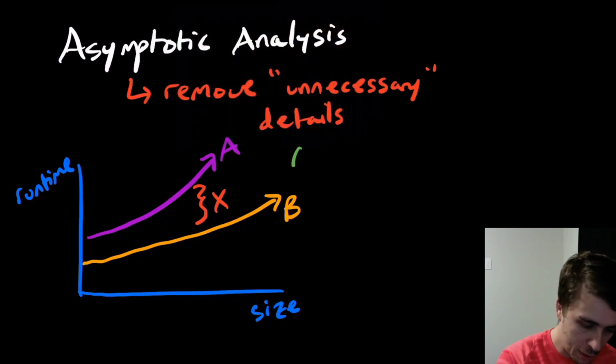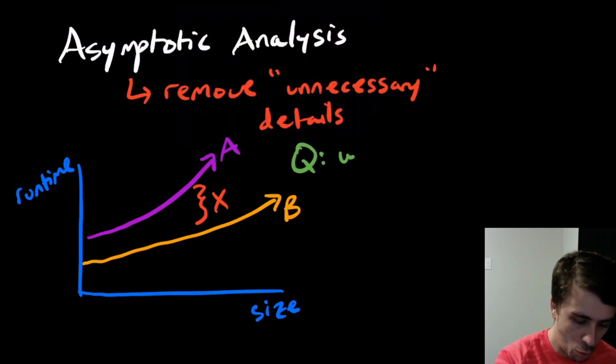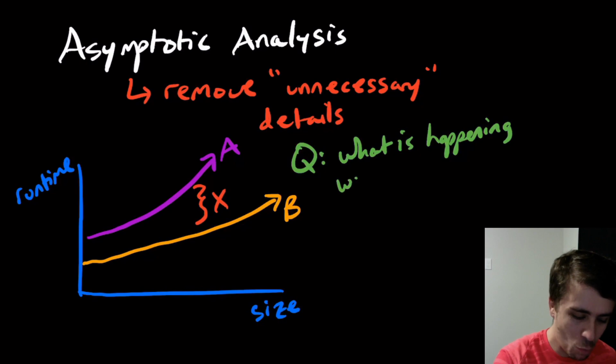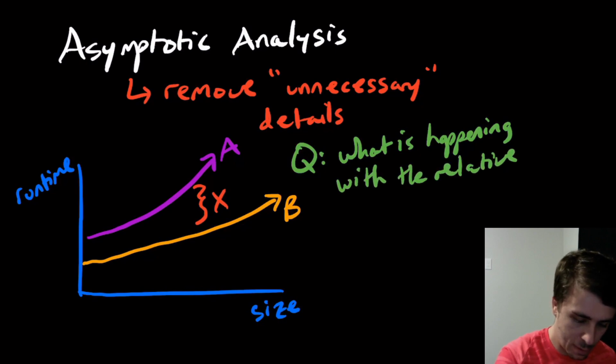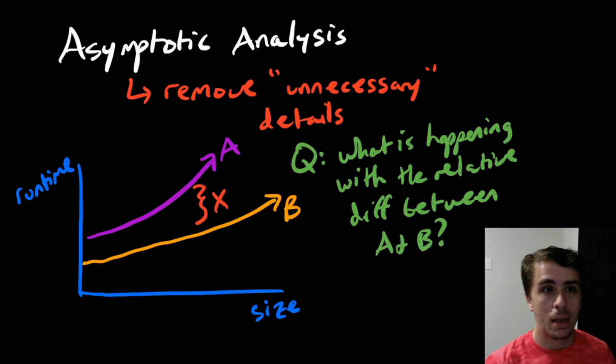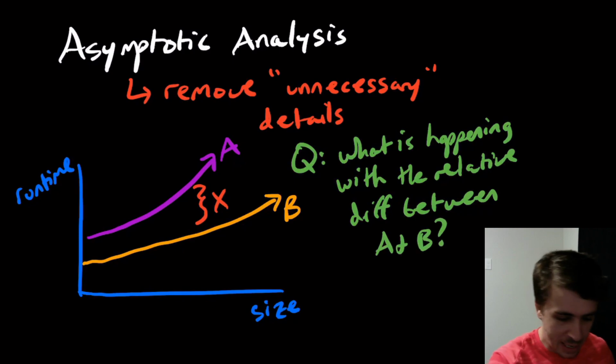So the question that we're going to try to answer is, what is happening with the relative difference between A and B? From this picture, I can't really guarantee what's going to happen.